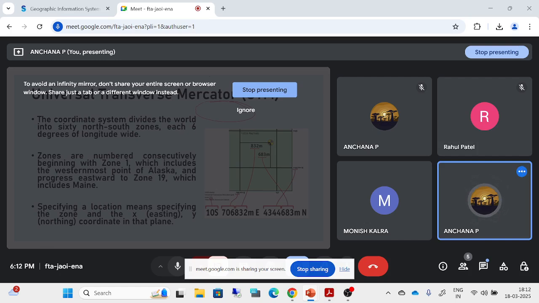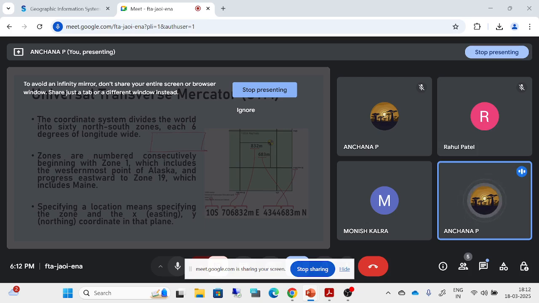When you have a UTM, you have this flat surface and you divide it into 60 zones. So we have something like a rectangular sheet, and we divide this into 60 north-south zones.